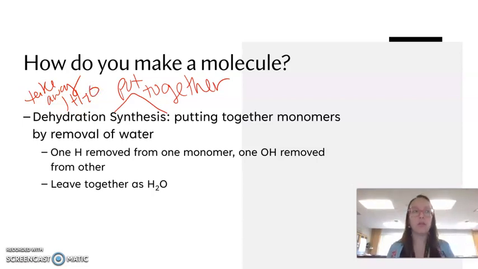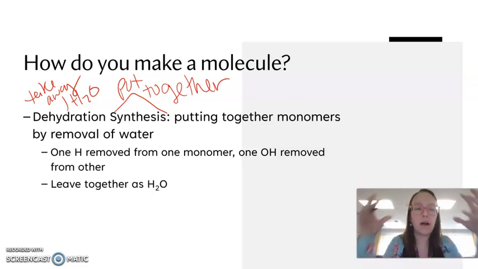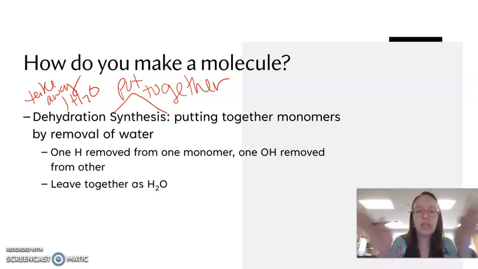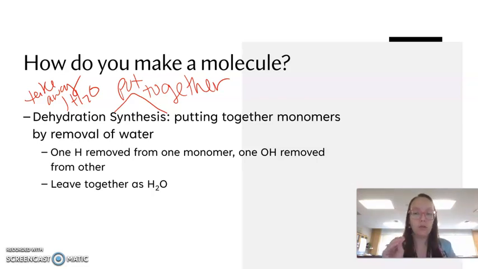So that is literally what's happening when we are making a macromolecule. We put together a large molecule out of little pieces, out of those monomers, by removing water.